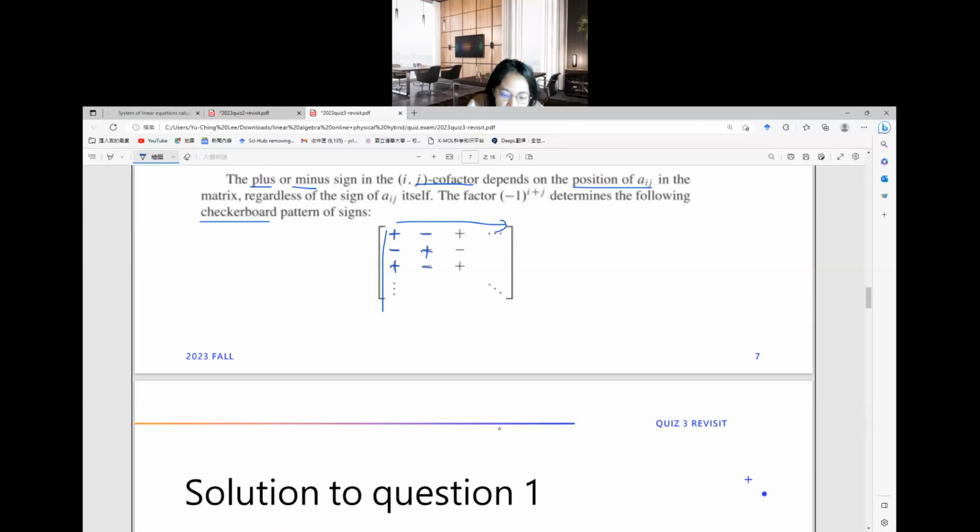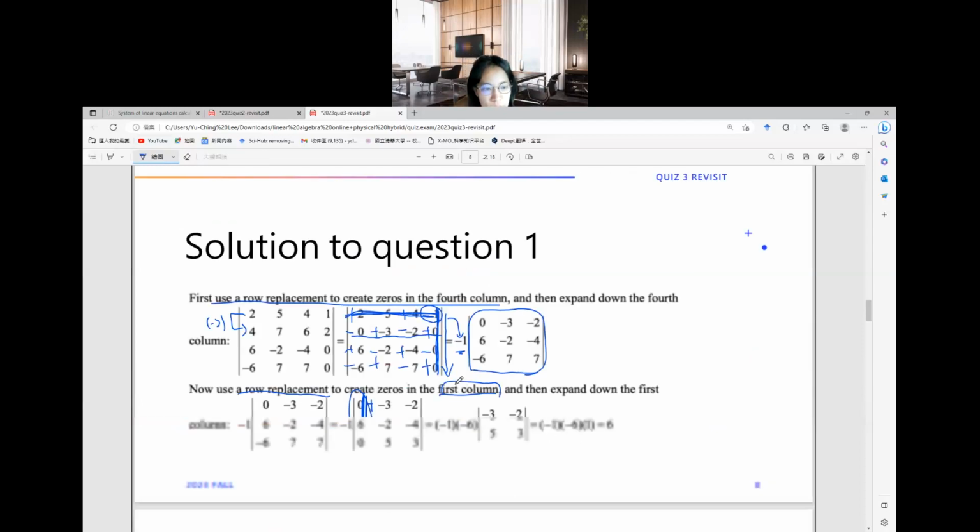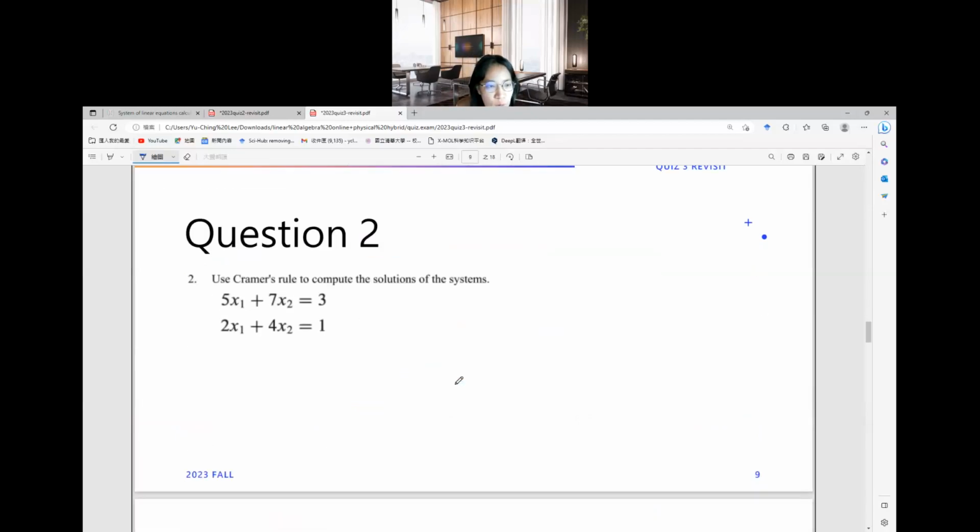And then for the third column, it starts with a plus and then minus, plus. For the fourth column, it starts with a minus and then plus, minus. Okay, it's a checkerboard (棋盘). Right, for question 2, use Cramer's rule to compute the solution of the systems.